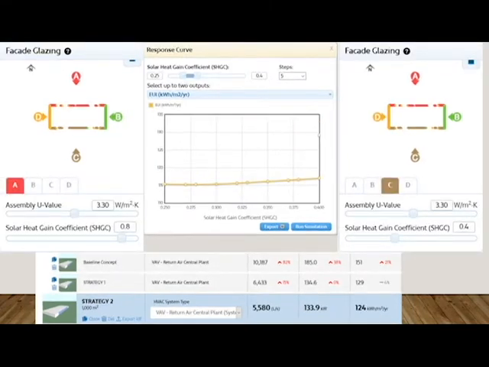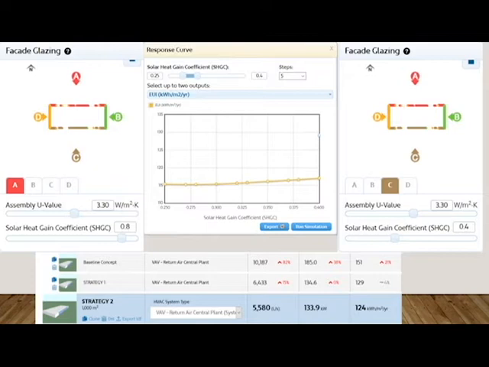The second strategy was facade glazing. The first value that shows is a U value, and the initial one is 3.3, and the solar heat gain coefficient is 0.8. Then I looked at the charts and the response curve and tried to limit the values from 0.25 to 0.4.